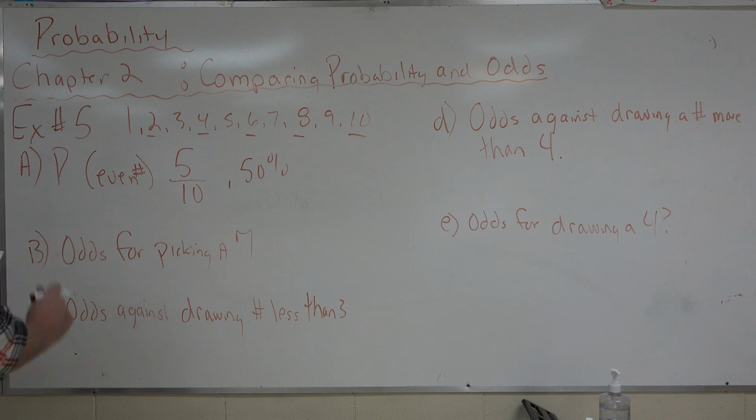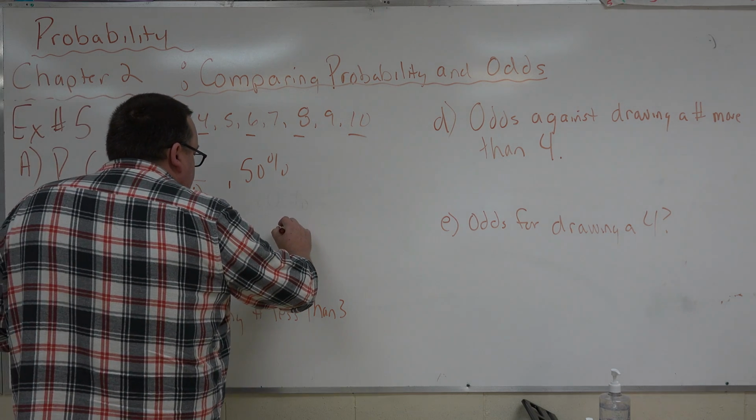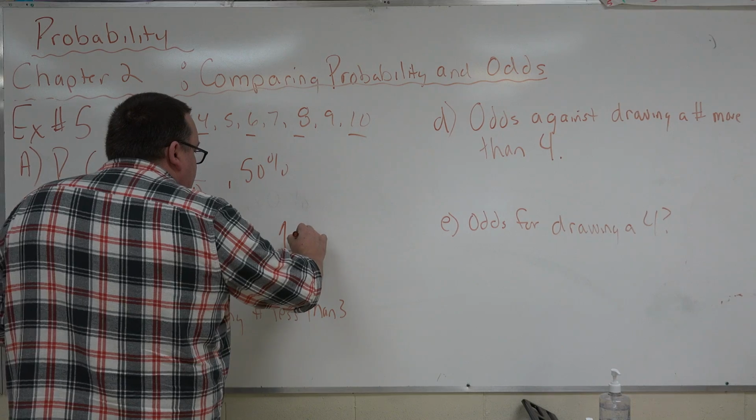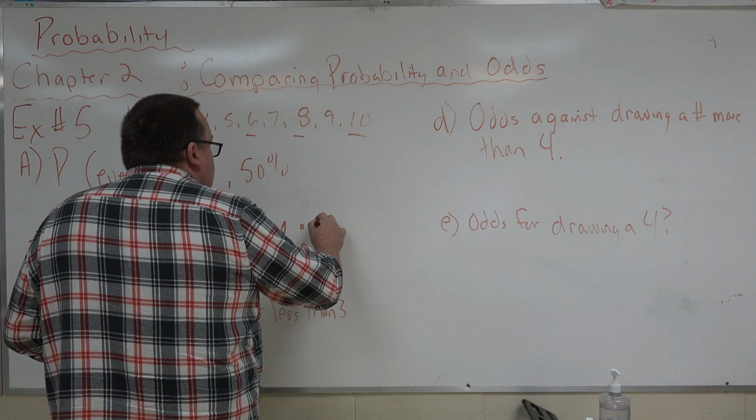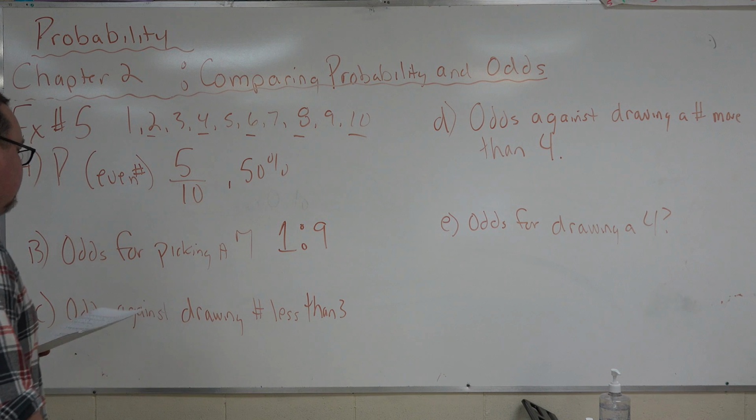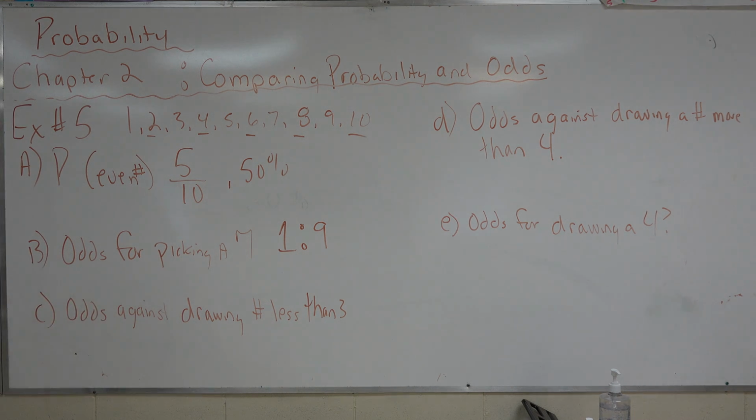Well, let's get to B. B says, what are the odds for picking a 7? Well, 7 is one number out of whatever's left that's going to work against us, which will be 9 other numbers, 1 out of 9. The odds against drawing a number less than 3, well, there's 2.